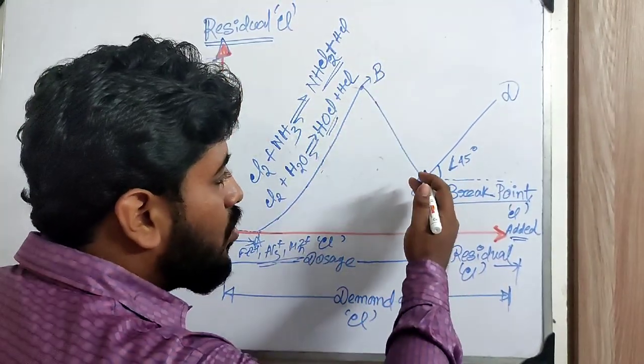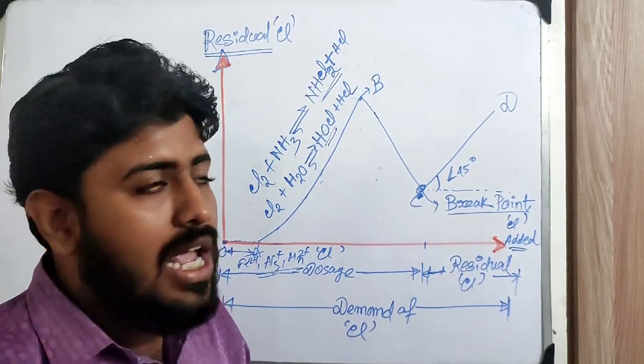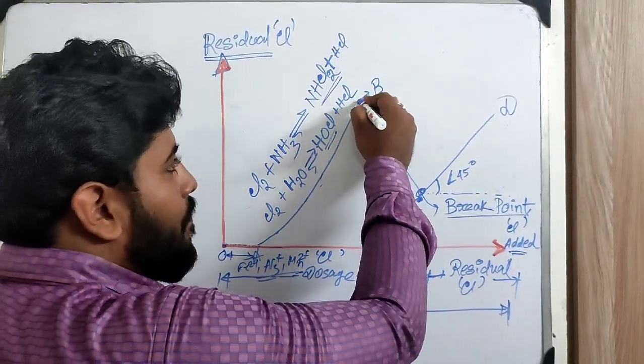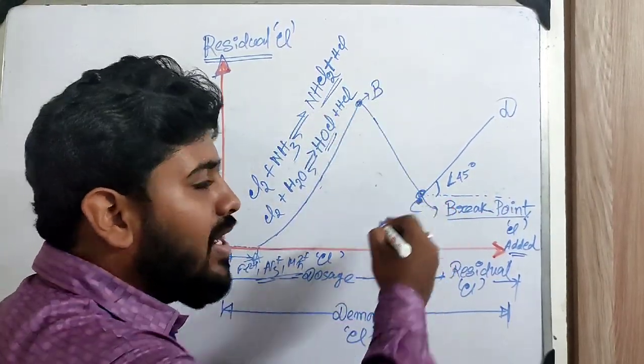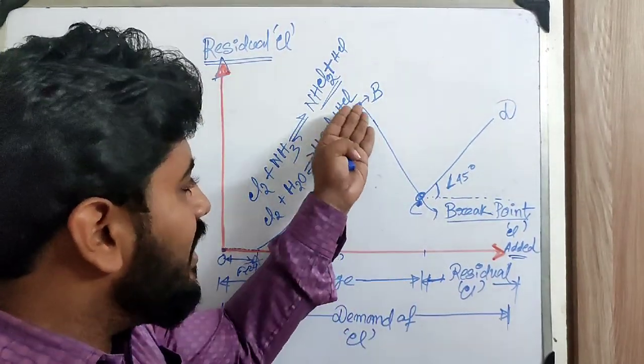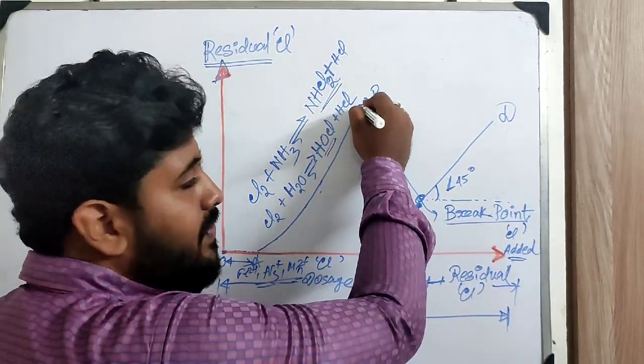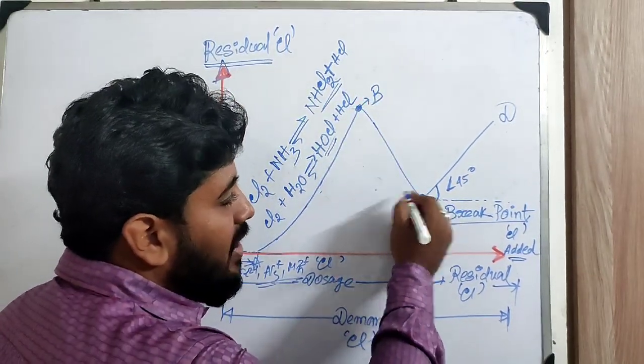Because in the BC zone, destruction of chloroorganics is happening, that is, killing of the pathogenic microorganisms is happening in this BC zone. That is why bad smell starts from here and ends here.